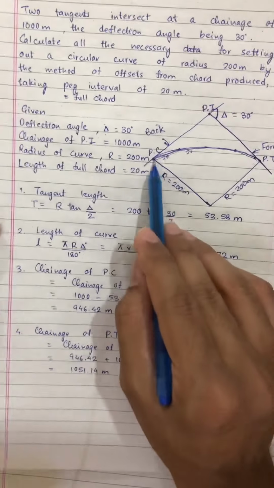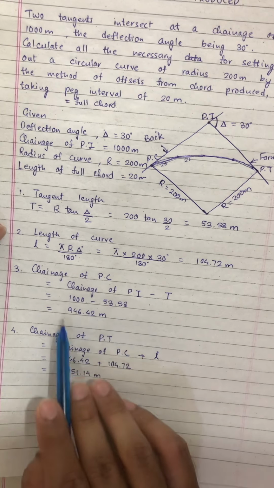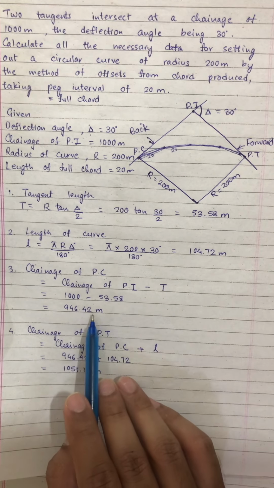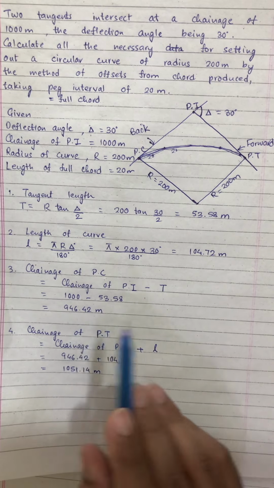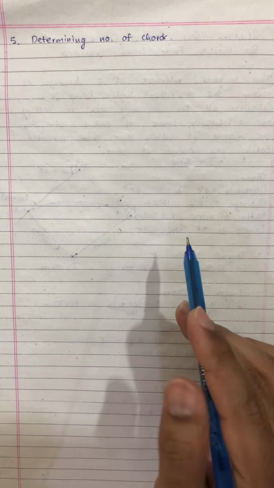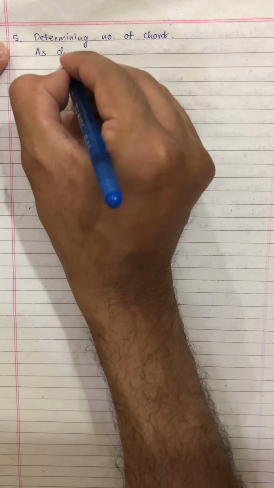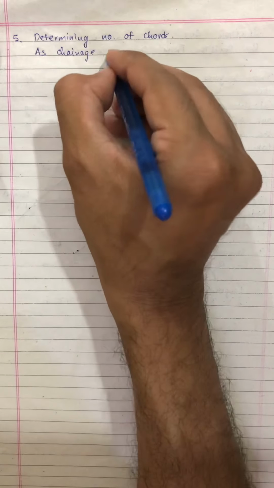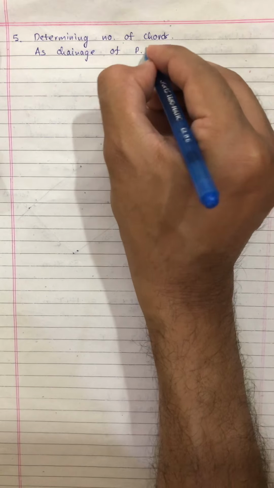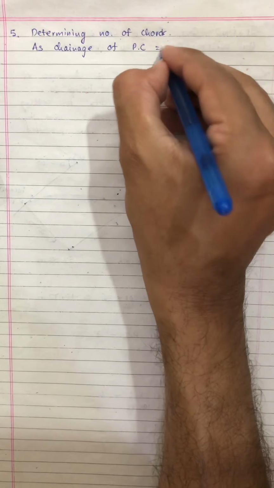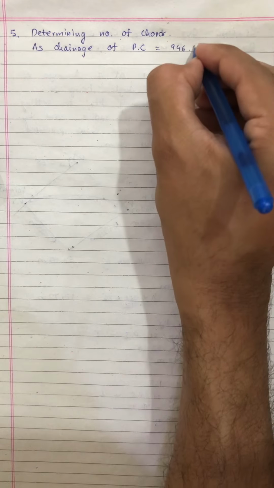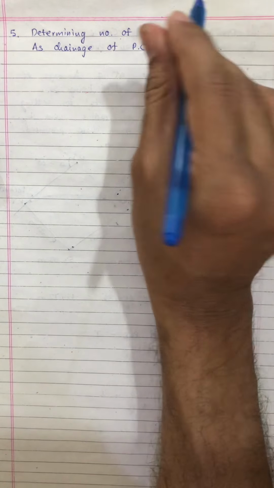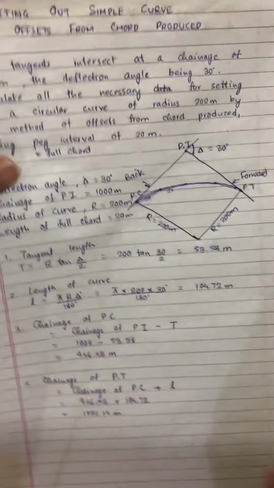For that, we know the chainage of PC value, which is given as 946.42 meters. Let us round it off to 950. From PC only we will get the initial chord.